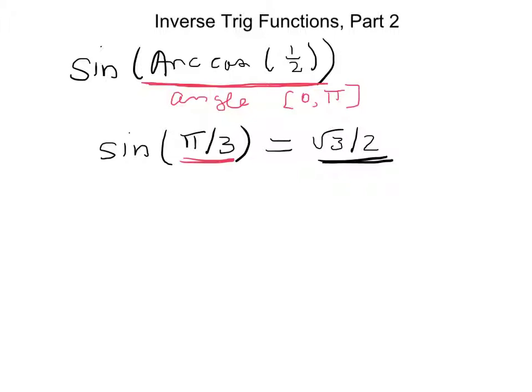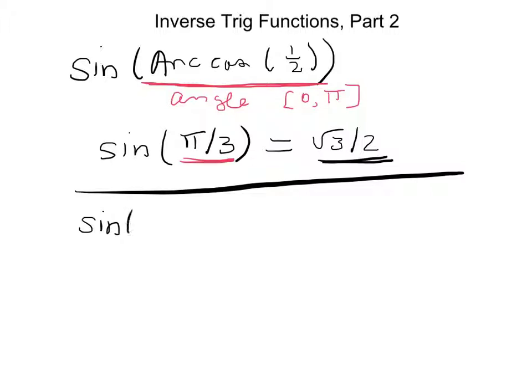Okay, so now let's look at a slightly more challenging question. Let's ask, what is the sine of the arc cosine of 2/3? Okay, so what makes this question different from the previous one?